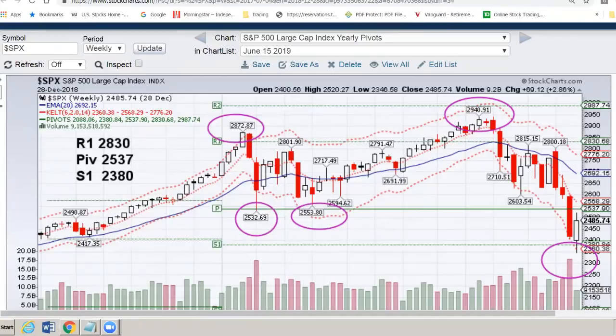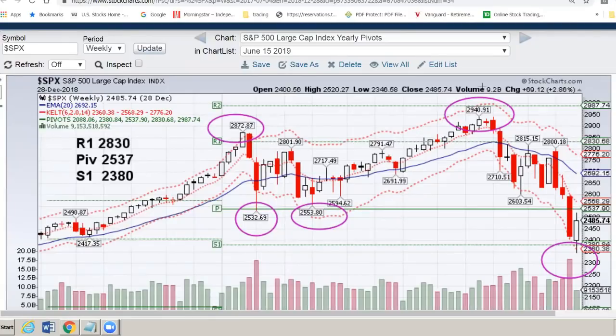And then by the latter part of the year, we got up to 2940 in September. That was pretty close to the 2987 R2 resistance, and then culminating at the end of the year, we got all the way down to 2356 or whatever the low was, and it was just below the S1 support.